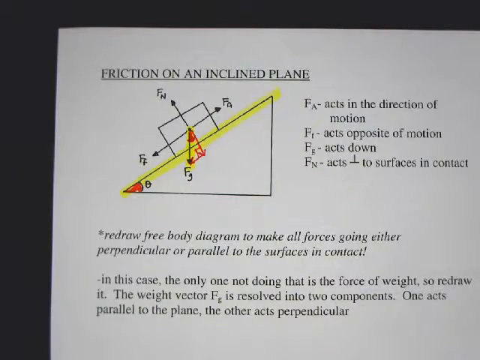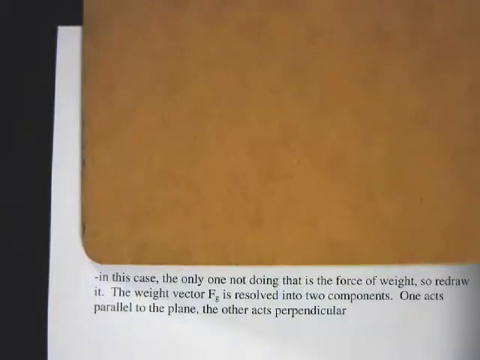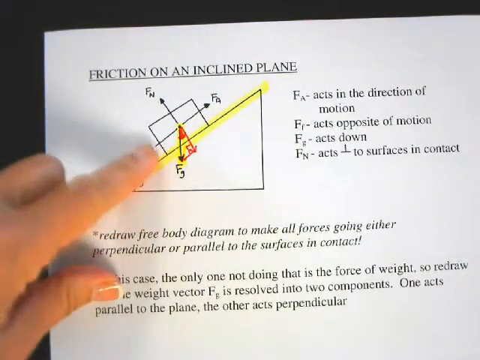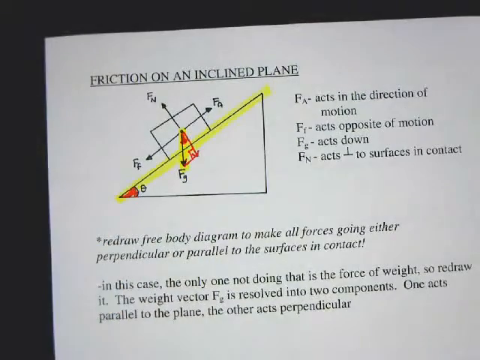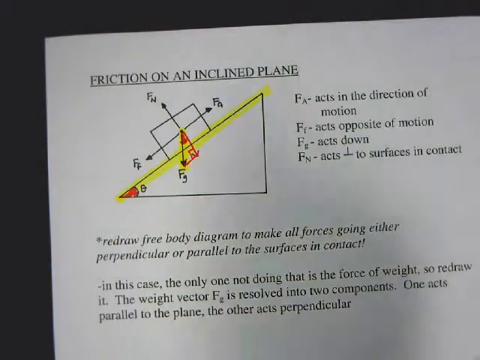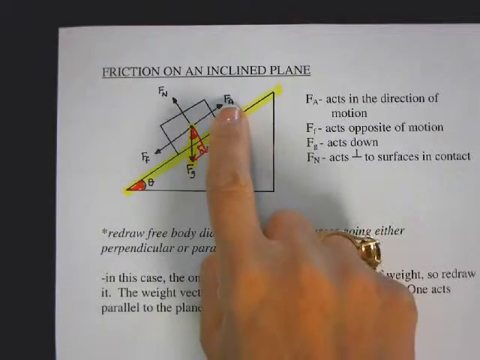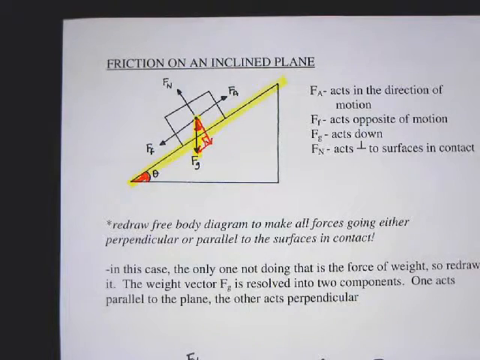So here I have a clipboard, and the point I want to make is if this angle is great enough, you don't have to push or pull. Gravity is going to pull that down. I'll demonstrate that in a second and show that to you. So the key here is you don't always have an applied force. All right? So the best way to understand this is just working problems, because practice makes perfect.